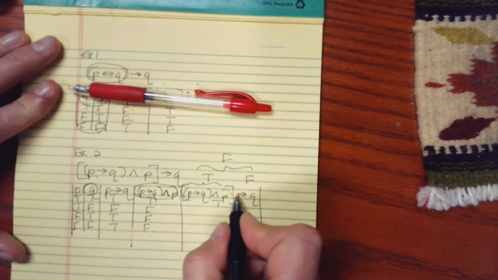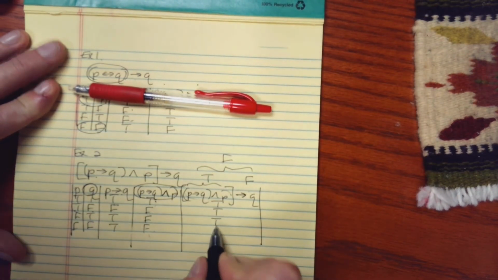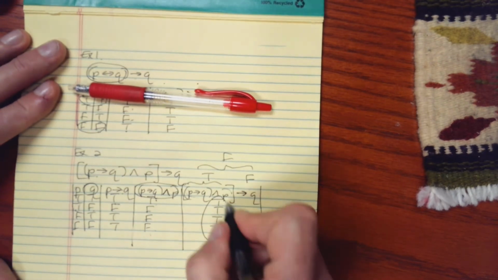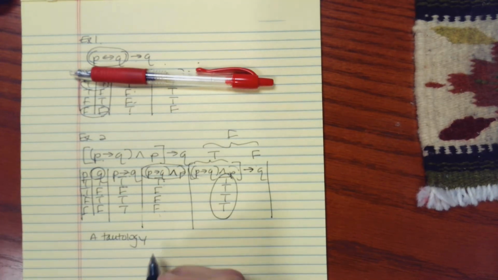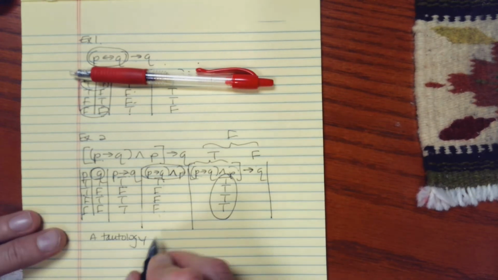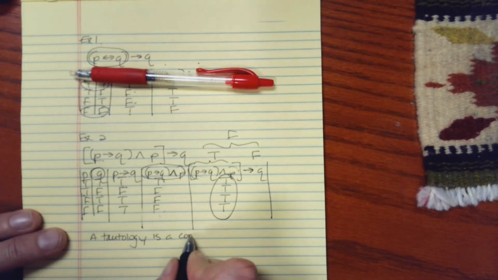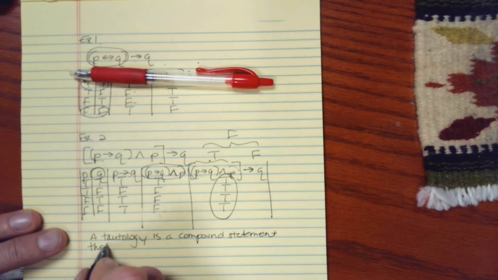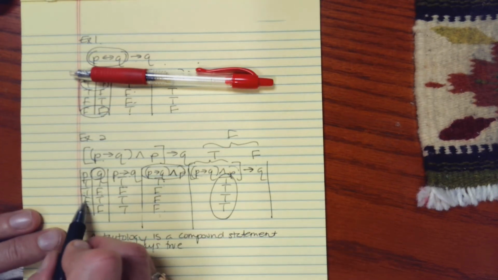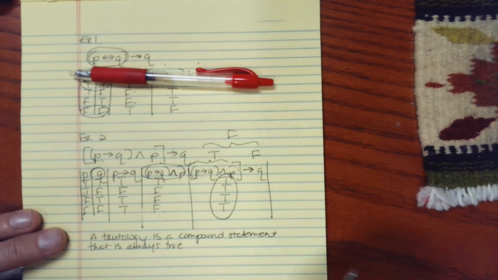Remember, in a conditional, when the antecedent is false, the entire statement is going to be true. So I end up with all truths. This is called a tautology. A tautology is a compound statement that is always true, no matter the combination of truth values for its component statements.